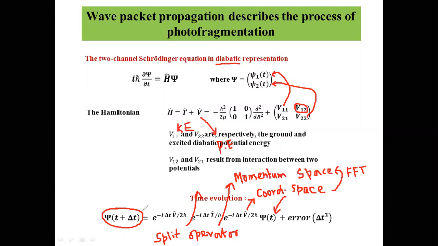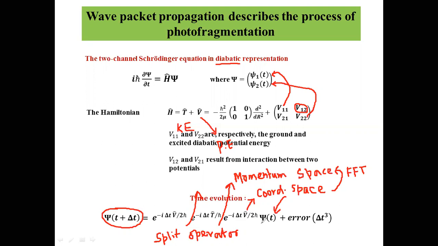Ultimately, I will get this in the coordinate space. So that is the strategy. We do it in a numerical way. So finally, I am going to get this, which is now my t. Again, I add delta t, and I keep on doing this for the time evolution for quite a long time.